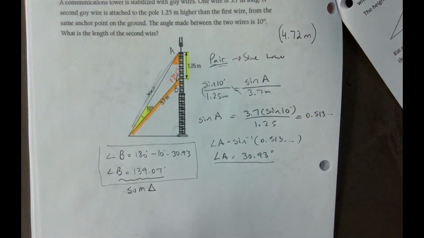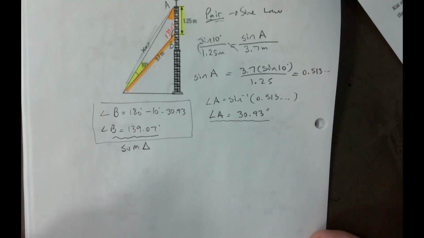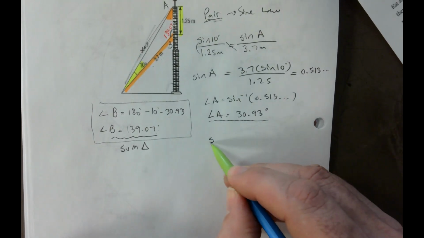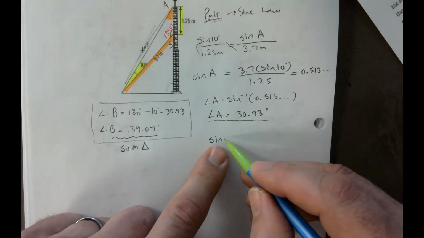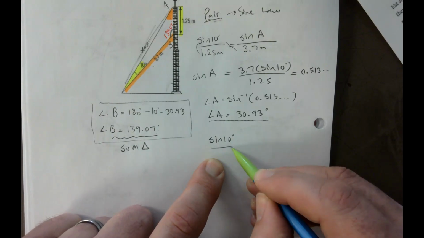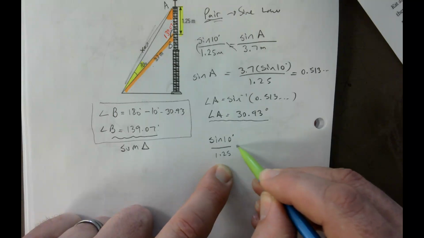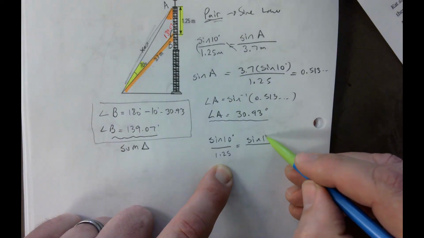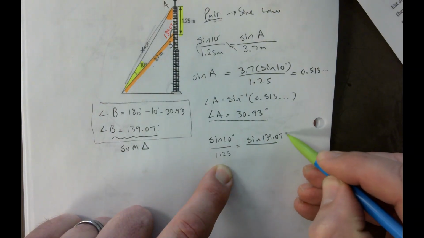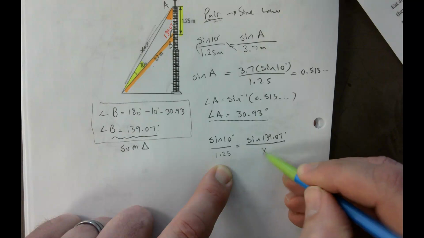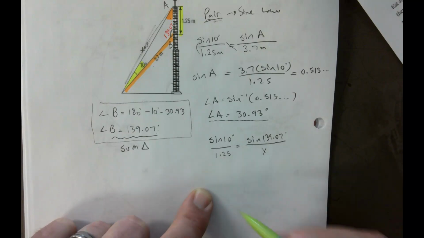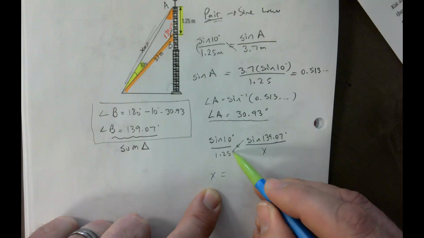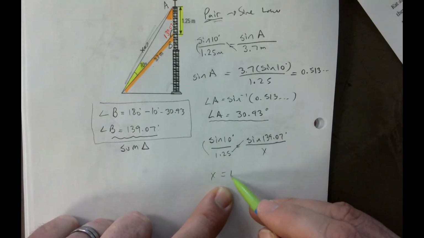Okay. Am I going to have enough space there? Let's see. I'm going to use sine law again. So sine of 10 over 1.25, and then I'm going to use this angle right now, 139.07 over x. I call that x, right? So you cross multiply and you divide.